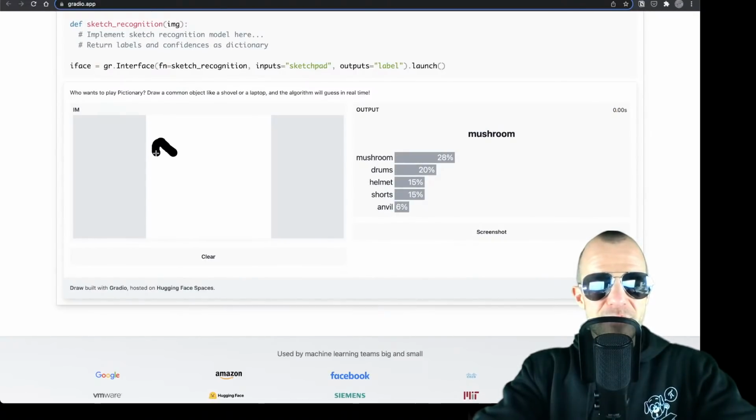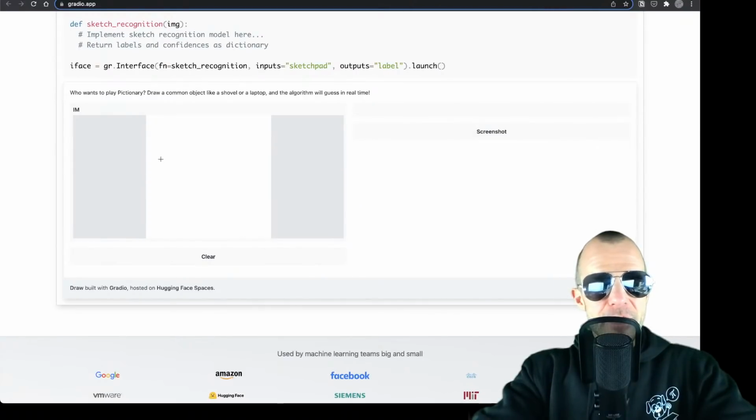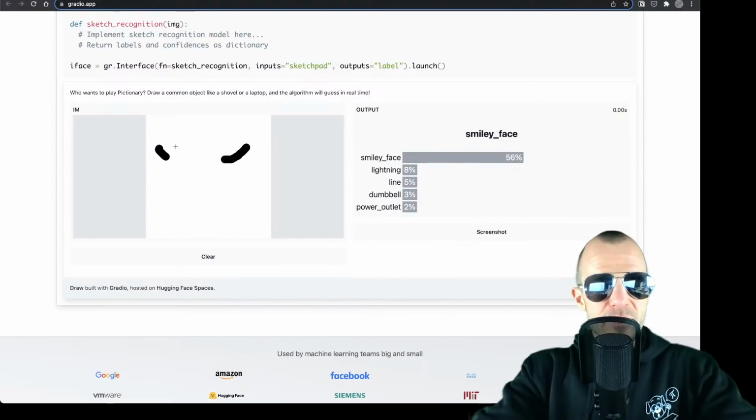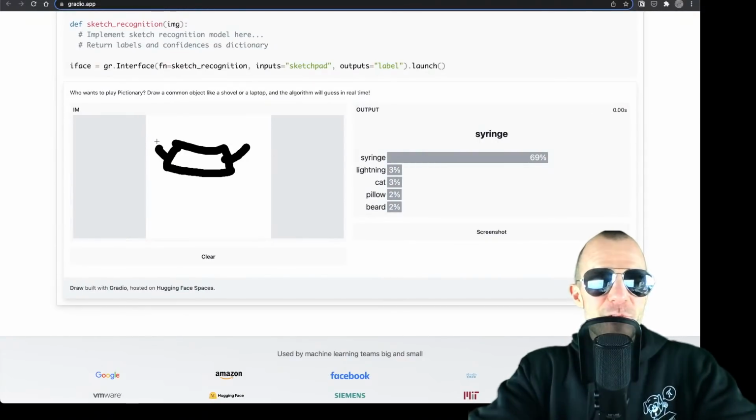I only have my mouse right here. So this, oh, wait, no, clear. So this, and then this, and then we're gonna, did I ever say that I am terrible at drawing? Syringe. No, I was going for hot dog.